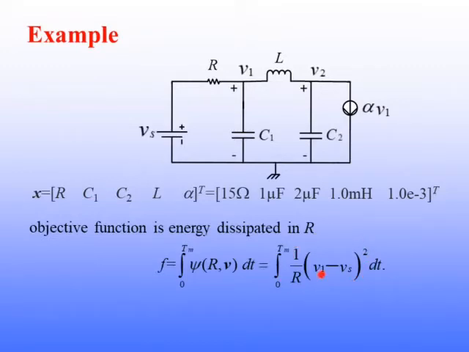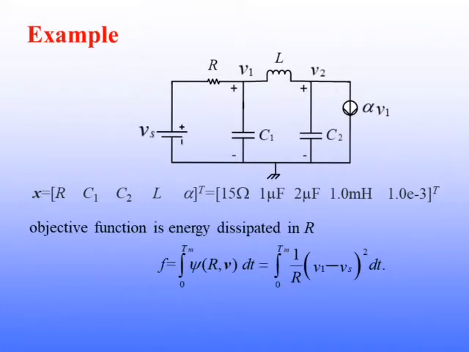Notice that the kernel is a function of V1, which is one of our state variables, but it's not a function of V2. Okay, and it has also an explicit dependence on R. So I have to take this into account when I calculate partial f, partial xi. If xi is equal to R, I must have here minus 1 over R squared. I must include that term in my calculations.